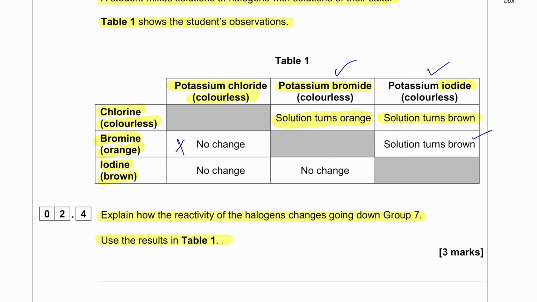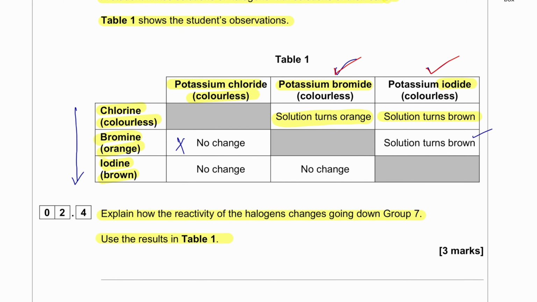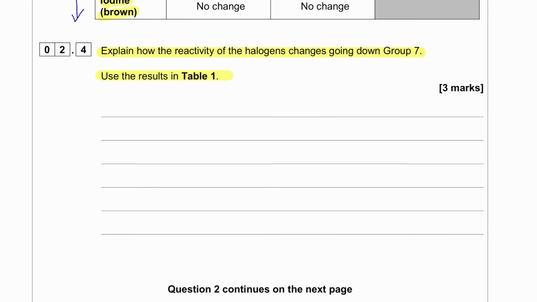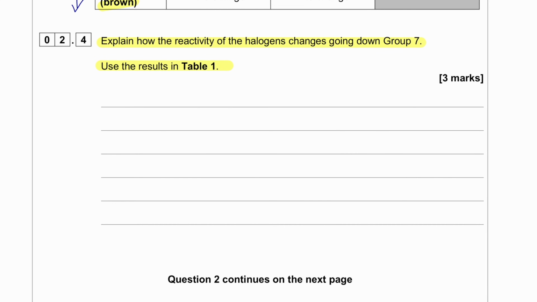So going down the group, we go from chlorine to bromine to iodine. As you can see, chlorine is the most reactive because it could displace both bromide and iodide. However, bromine was only capable of displacing iodide. That means bromine cannot displace chloride, meaning it's not stronger than chlorine. So in terms of reactivity, it is less reactive than chlorine.